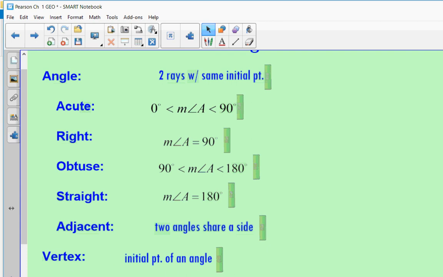Okay, so if you want to hit pause, I'm going to hit pause for a second too, catch my breath. Go ahead and write those down, and I'll go over some of this stuff with you in a second. Okay.